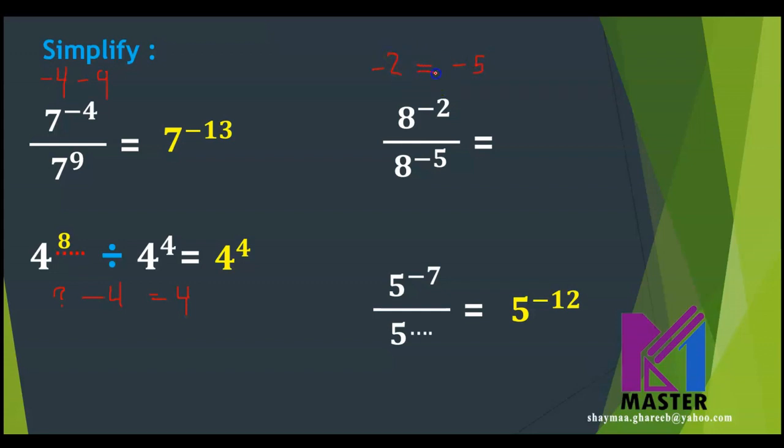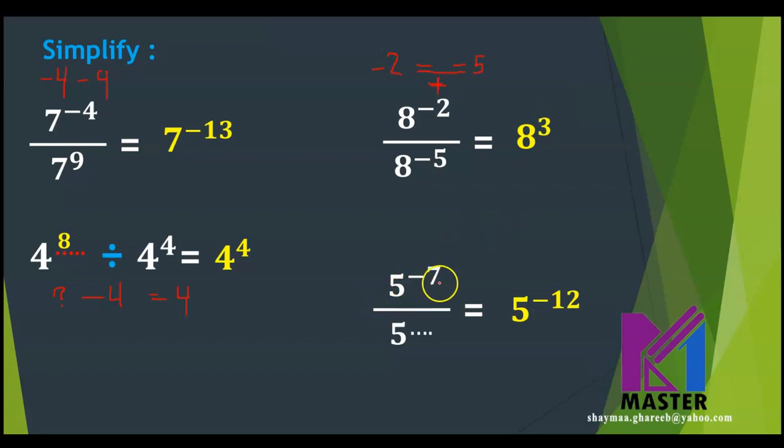So we said before, when I subtract negative numbers, minus negative, I can write it as addition. So negative 2 plus 5, the answer is 3. Okay, negative 2 plus 5 equals 3. So the final answer will be 8, which is the same base number, to the power of 3.